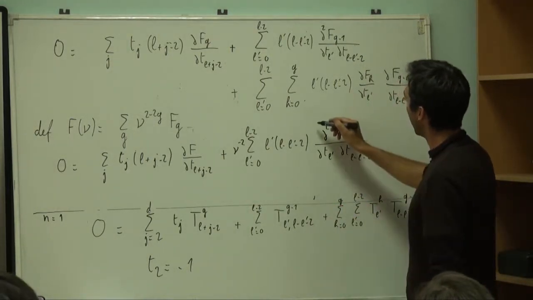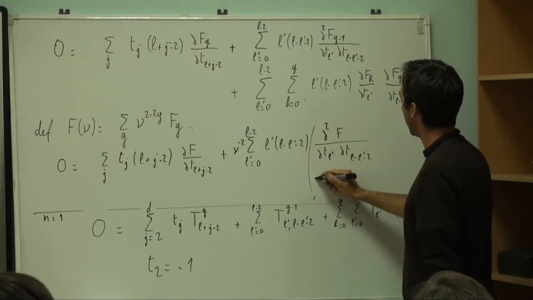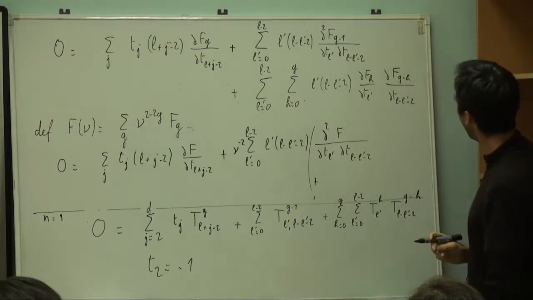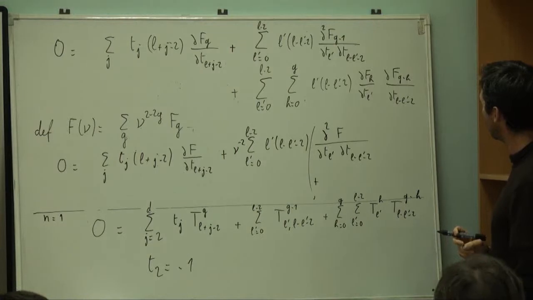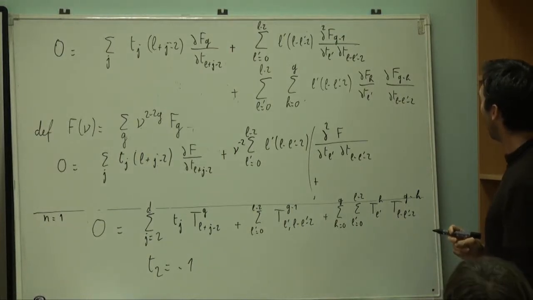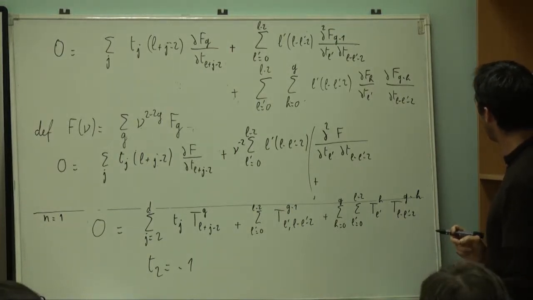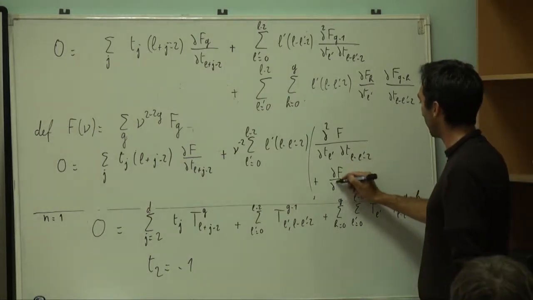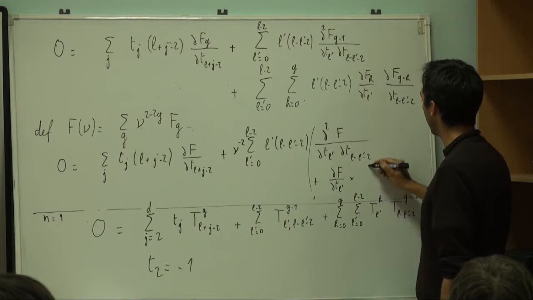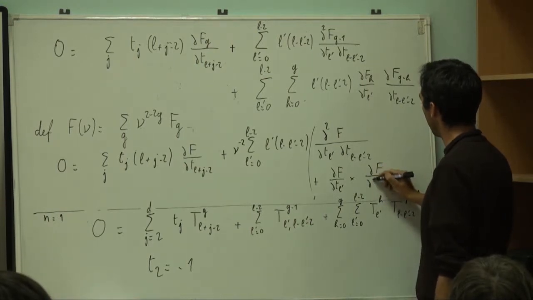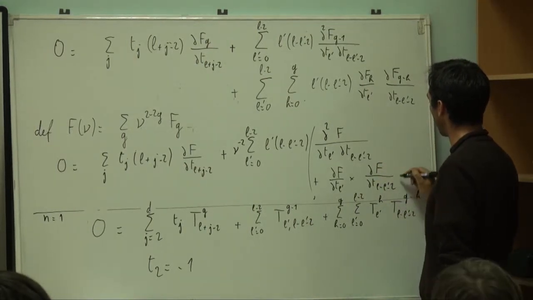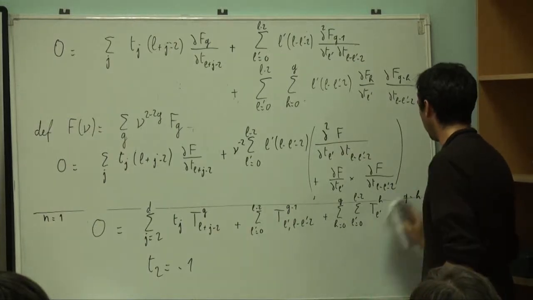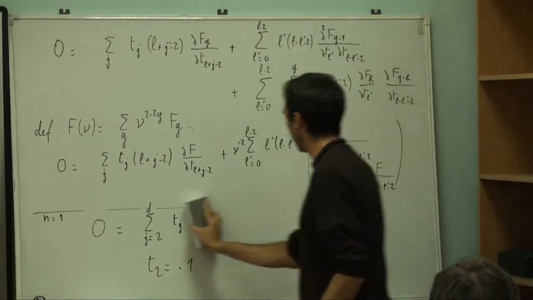And in fact here we have plus, and when we do the sum over h, we exactly get df over dt l prime times df over dt l minus l prime minus 2. So let me erase that now.